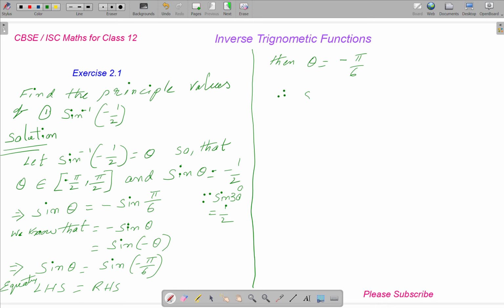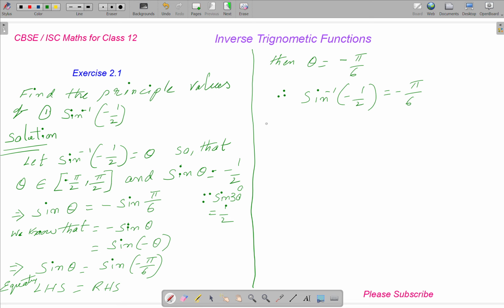Therefore sine inverse of minus 1 by 2 is equal to minus pi by 6. This is question number 1.